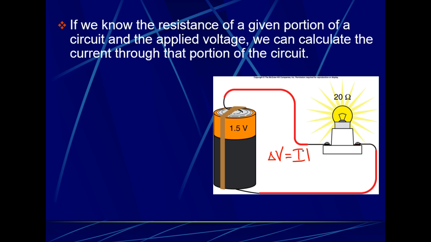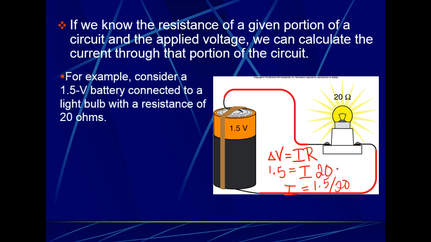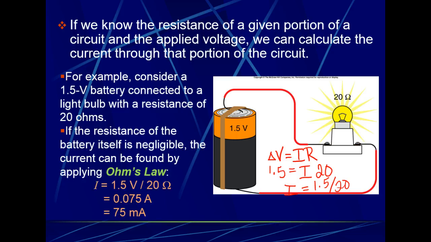So the change in voltage across the circuit, so the 1.5 volts, is going to equal the total current times the resistance, which is 20 ohms. And so that's how we can find the current. The current is going to be 1.5 over 20, which is 75 milliamps.